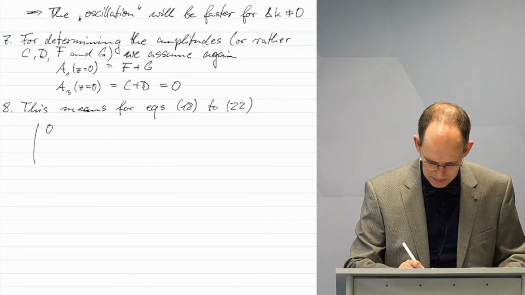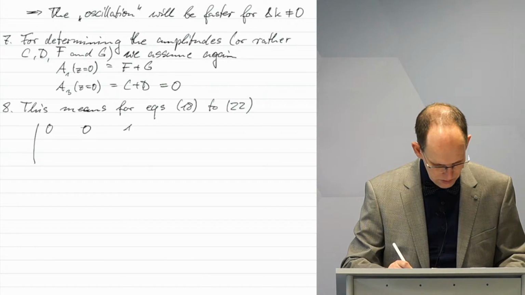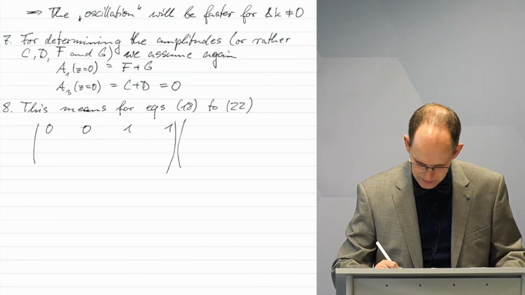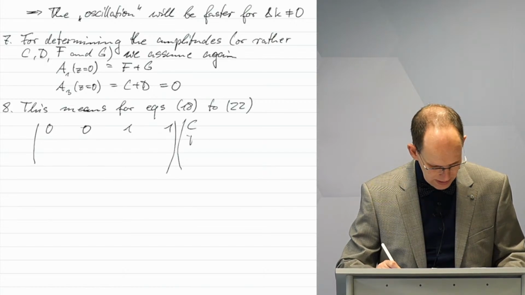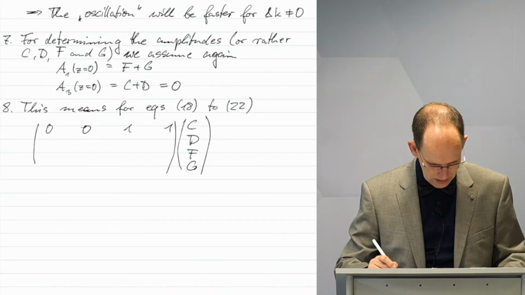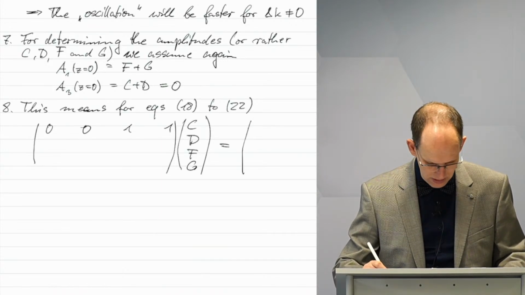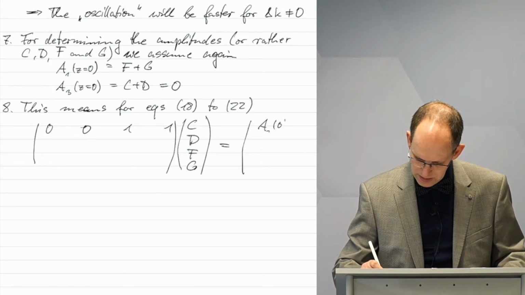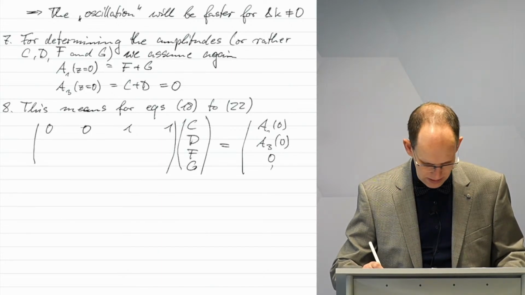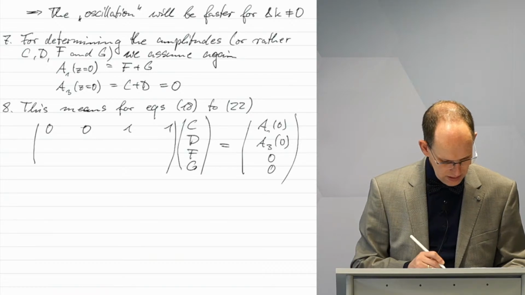So we have 0, 0, 1, 1, and here we have C, D, F, and G. All right, so this is A1 of 0, A3 of 0, and then here's 0 and 0.